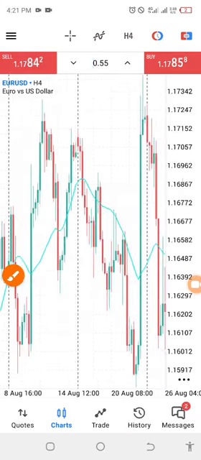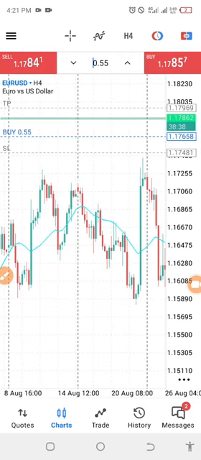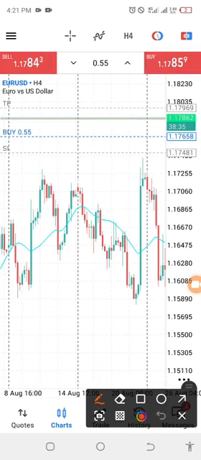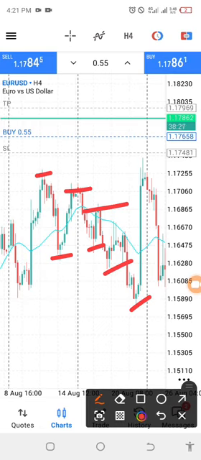Even if you go back in time, you can see that this area here are your support and resistance zones. The ones above are the resistance, the ones below are your support. If price is below it, it changes automatically. Your resistance can be your support, depending on the price position.